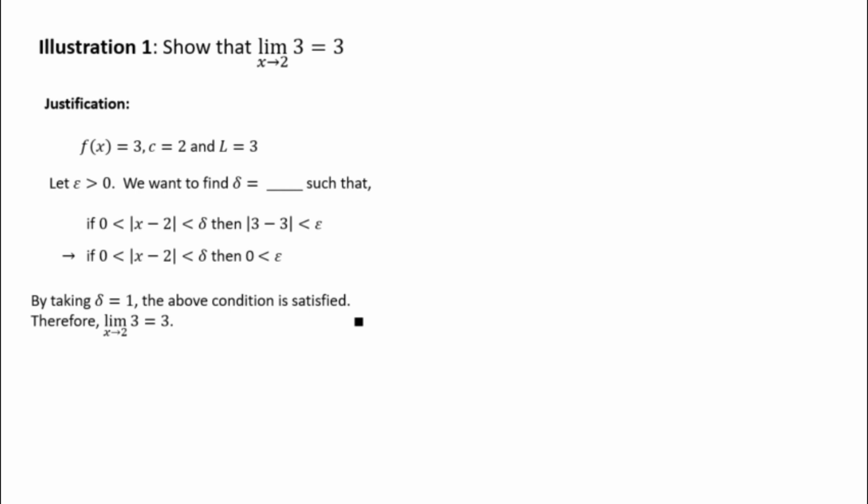So that is how we justify. That is for a very simple function, a constant function. So we have found delta. Actually, any delta will do since this is always true. But we will discuss a function where this is kind of demanding and will make us work in finding the value of delta. Let us see.